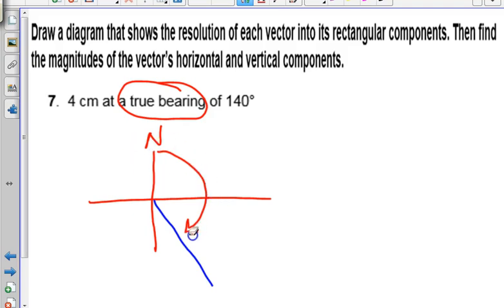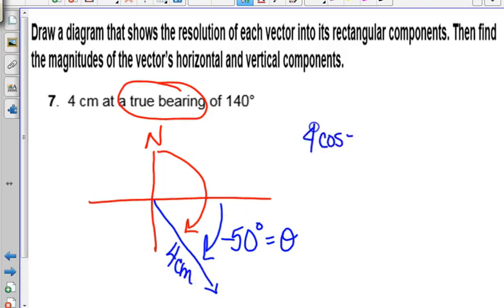If we went around 140, we want to call this what? It is a 50-degree angle. Is that going to get us the right signs? Yeah, we need to call it a negative 50. Otherwise, we'll end up with two positives. And this is 4 centimeters. So if we do 4 cosine of negative 50 and 4 sine of negative 50, do you have answers for me?